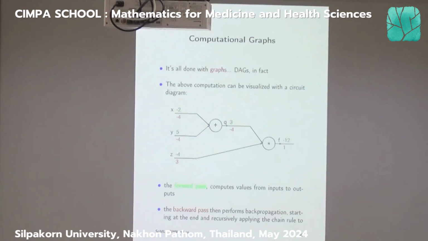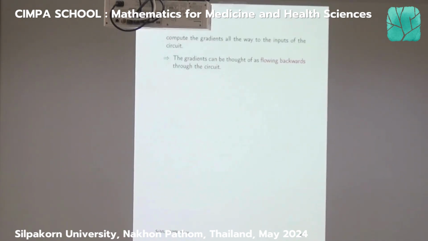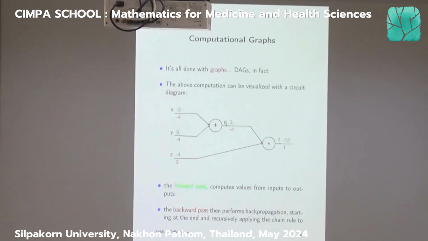It's very easy, and automatic differentiation is just an implementation of what's called a forward pass and a backward pass. So you see you go in one direction, and you compute the values with the outputs, and then the backprop, that's why it's called backprop, calculates. You calculate f, and then you go backwards and you calculate df/dq, and then dq/dx, dq/dy, and df/dz, and eventually you get the numbers.